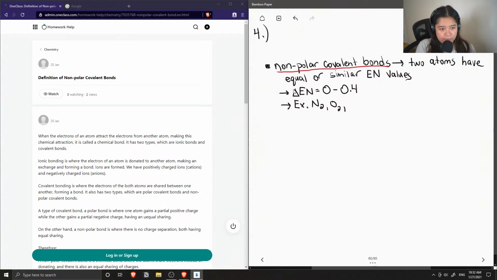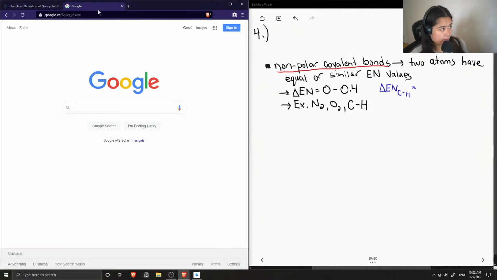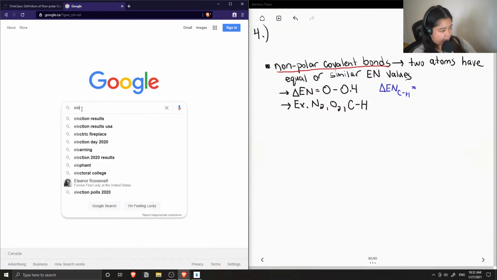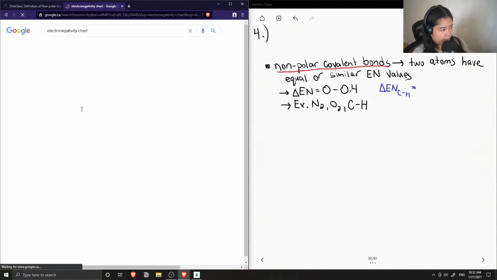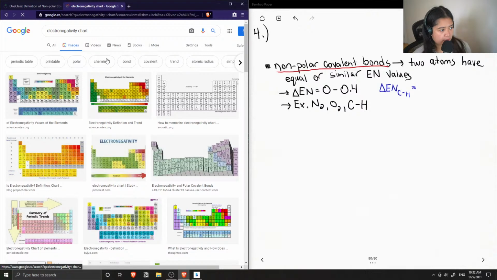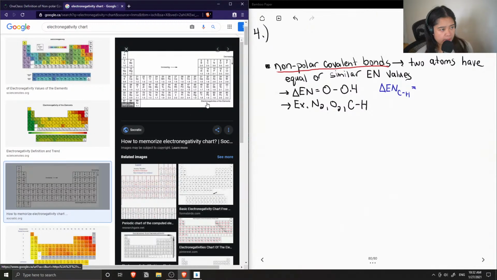And another common nonpolar covalent bond would be the carbon-hydrogen bond. So let's show here how we can calculate the difference in electronegativity between carbon and hydrogen. Let's just search electronegativity values and see all the different values of these elements.